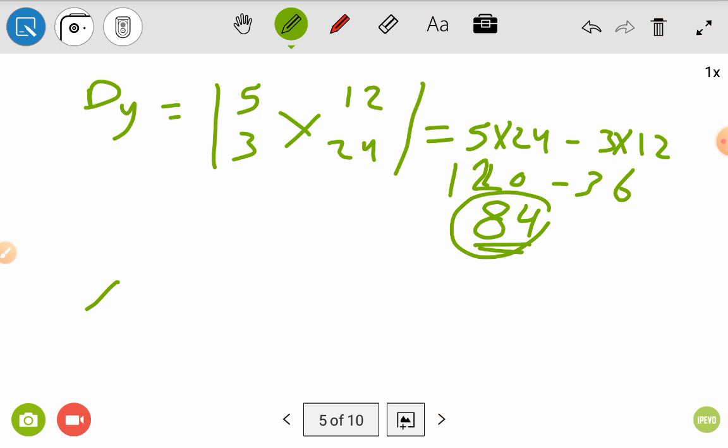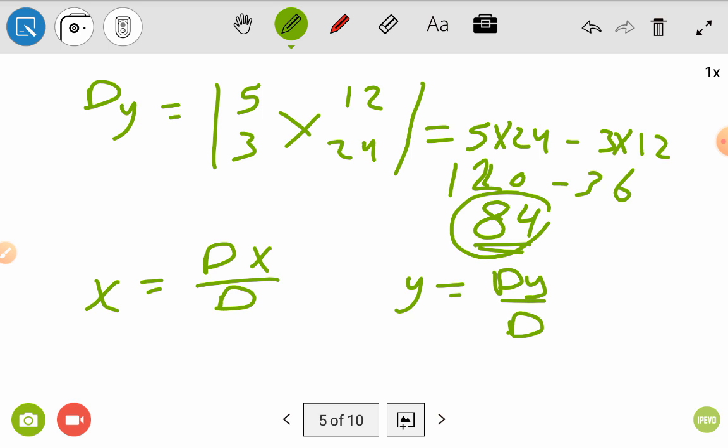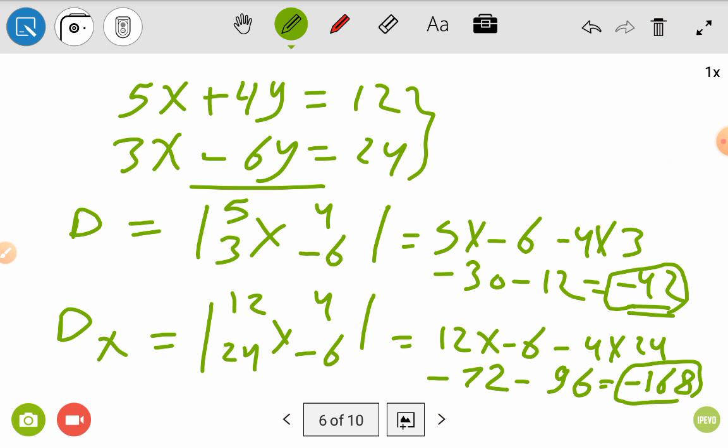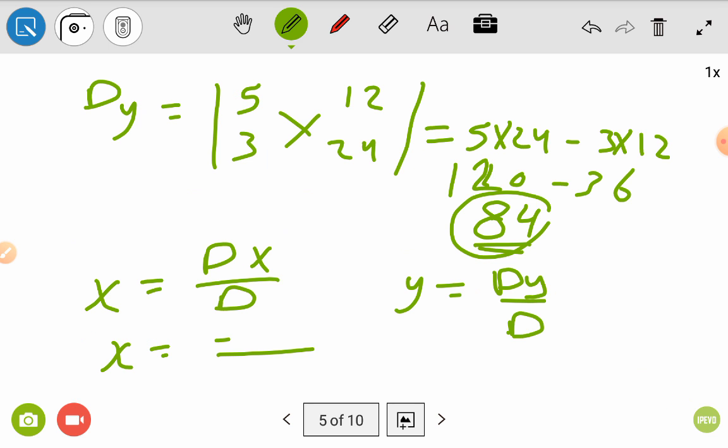Now x equals dx over d and y equals dy over d. X equals the value of dx, negative 168 over negative 42.